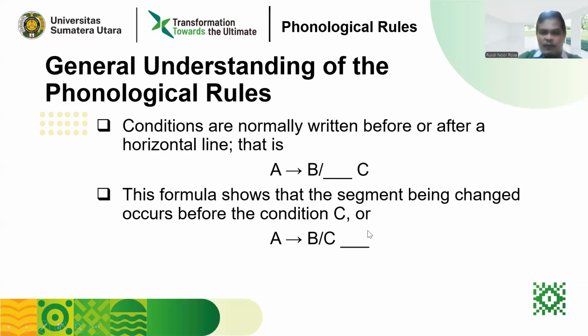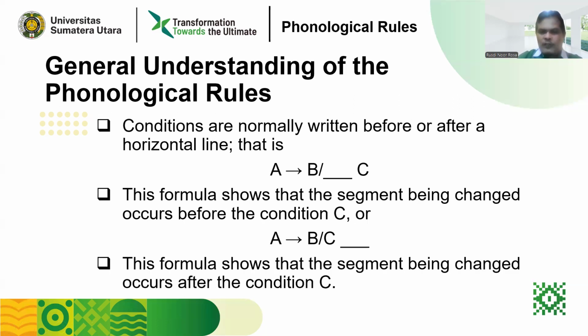So this formula can be read: A changes to B whenever A is situated after C. C here is the phonological condition or phonological environment. This formula shows that the segment being changed occurs after the condition C. Okay, so whenever the horizontal line occurs before C, it means that the original sound is located before C.